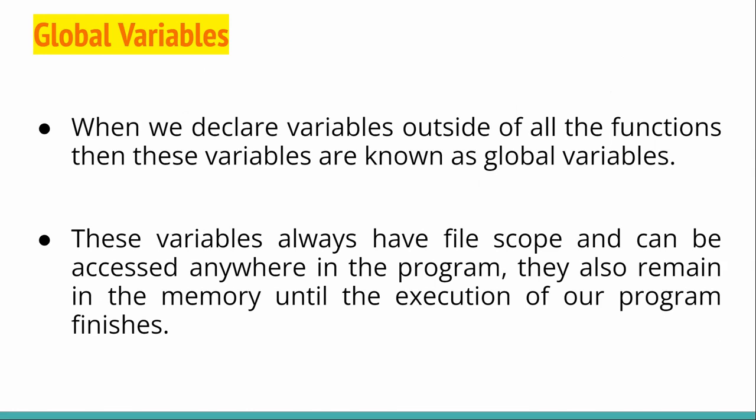So if you would have observed, I declared global variable outside the main function above near the header file. So that is why it was a global variable. And these variables always have file scope and can be accessed anywhere in the program. And they also remain in the memory until the execution of the program finishes. So throughout the program completion and termination, global variables always have memory allocated to them.